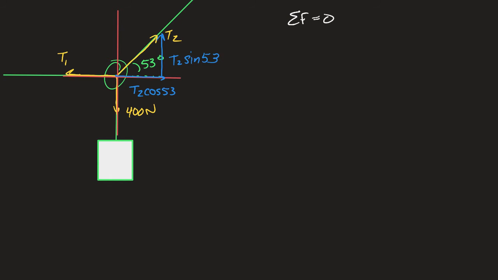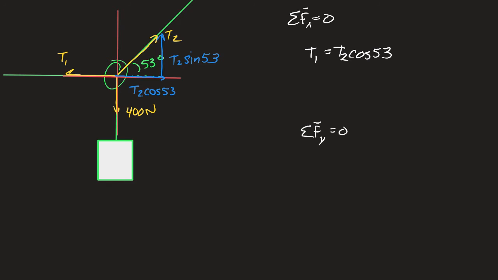Net force has to be 0. So net force in the x direction has to be 0, and net force in the y direction has to be 0. In the x direction, I have T1 equals T2 cosine 53. I'm just kind of jumping ahead. I'm not going to put T1 minus T2 cosine 53 equals 0. They have to be equal.